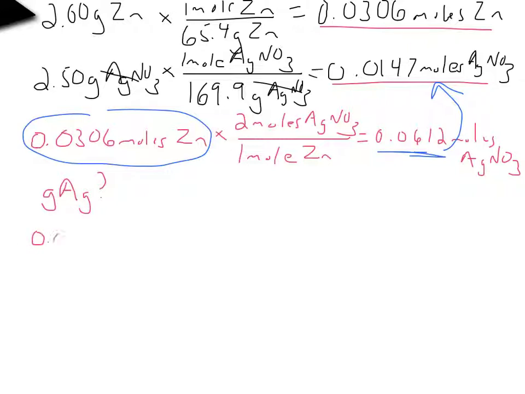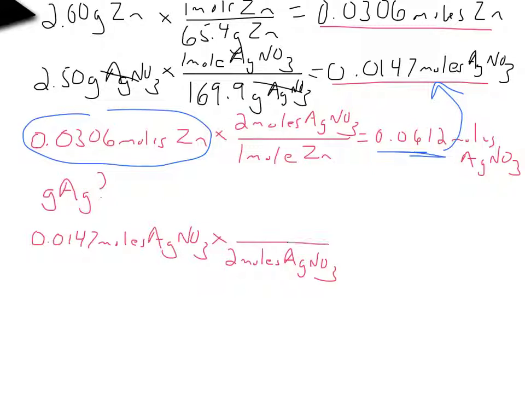So we have 0.0147 moles of silver nitrate, and all we're doing is converting that to the moles of silver with the stoichiometry, and there's 2 moles of silver for every 2 moles of silver nitrate.